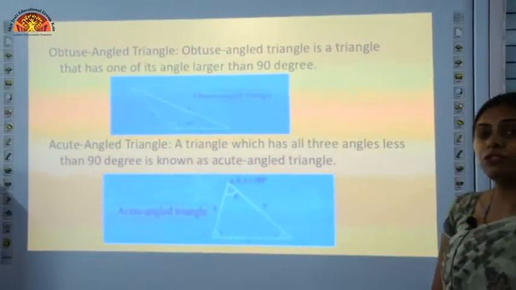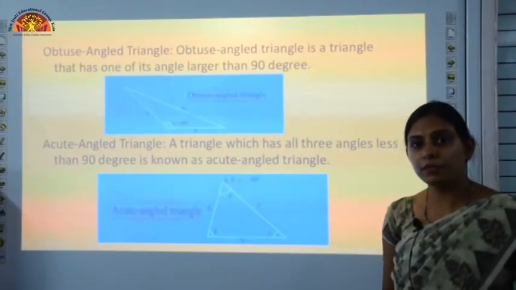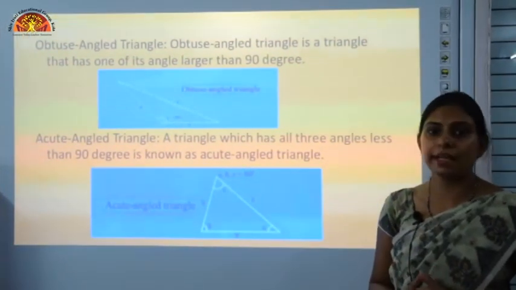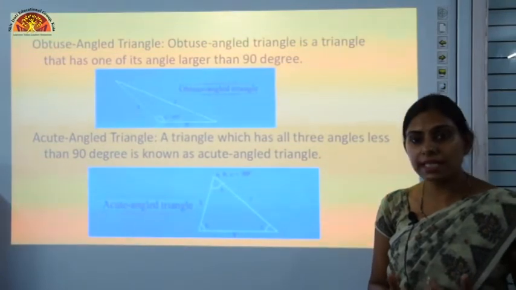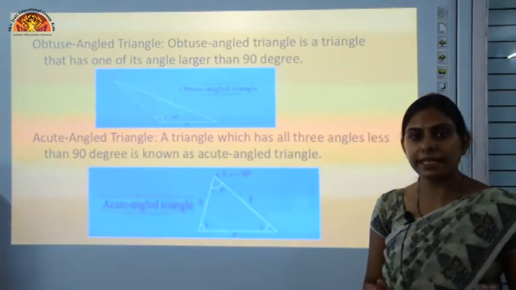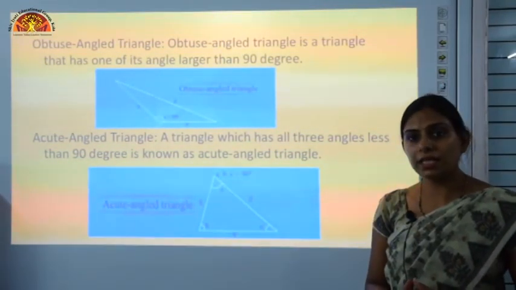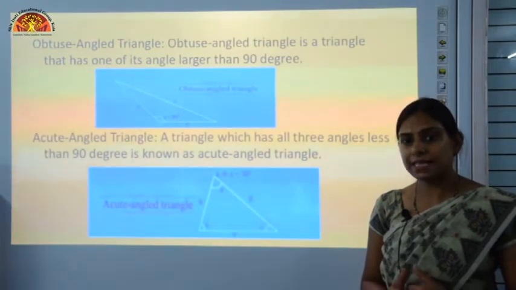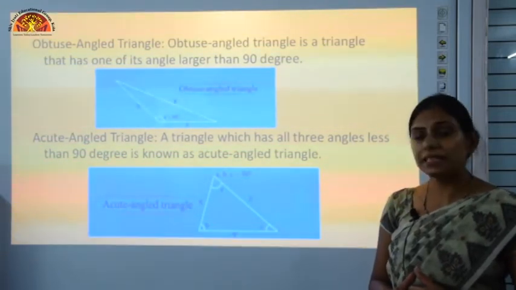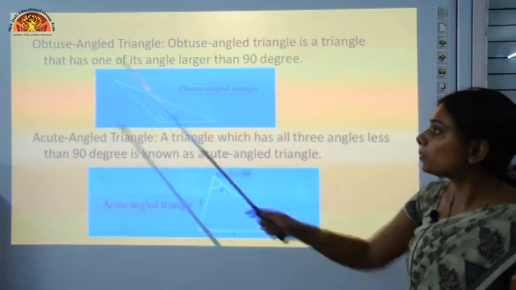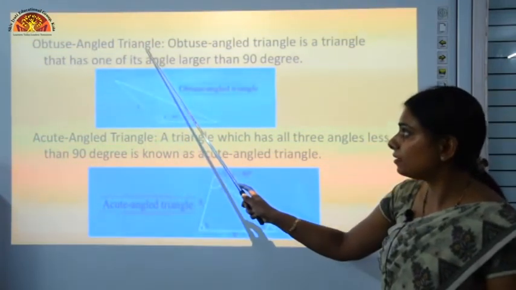Now, as you know children, what is the difference between the obtuse angle and the acute angle? Obtuse angle is an angle which is greater than 90 degree and acute angle is an angle which is less than 90 degree. Similarly, there is an obtuse angled triangle.